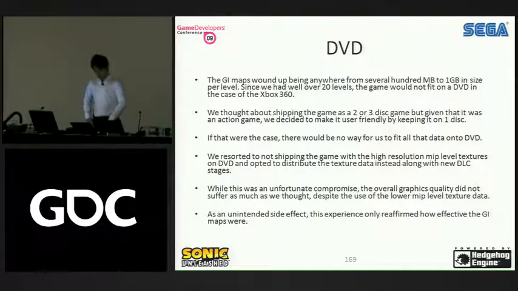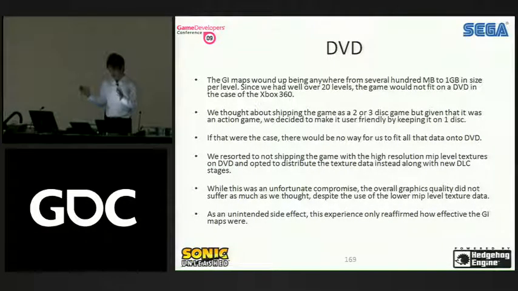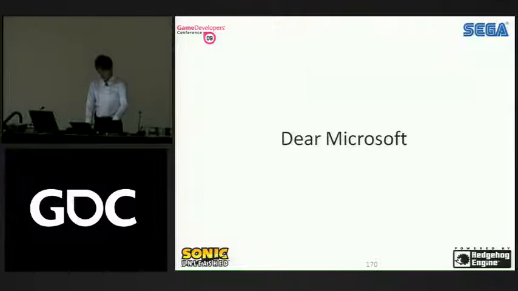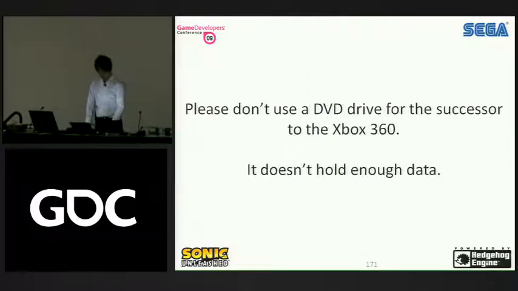Rather than putting the high resolution MIP on the DVD, we decided to include the information on the DVD layer offline. And unfortunately, we don't feel very happy about this, but even if it was low resolution MIP, it actually didn't really lower the quality. Actually, this really brought home the value of the power of GI.